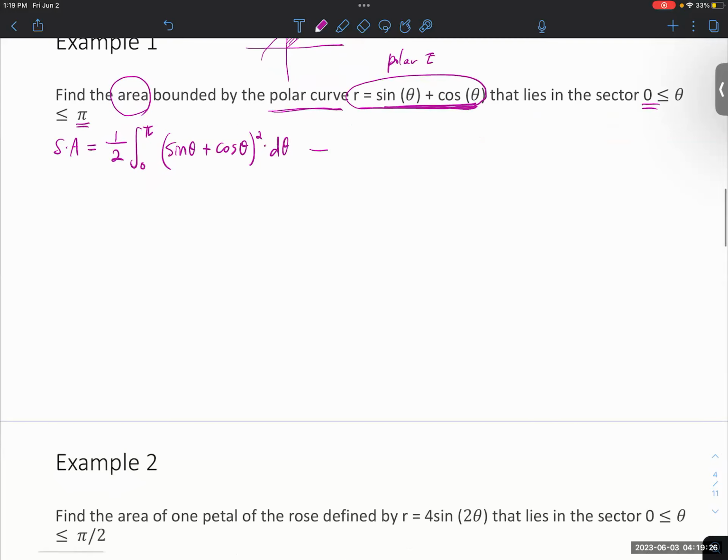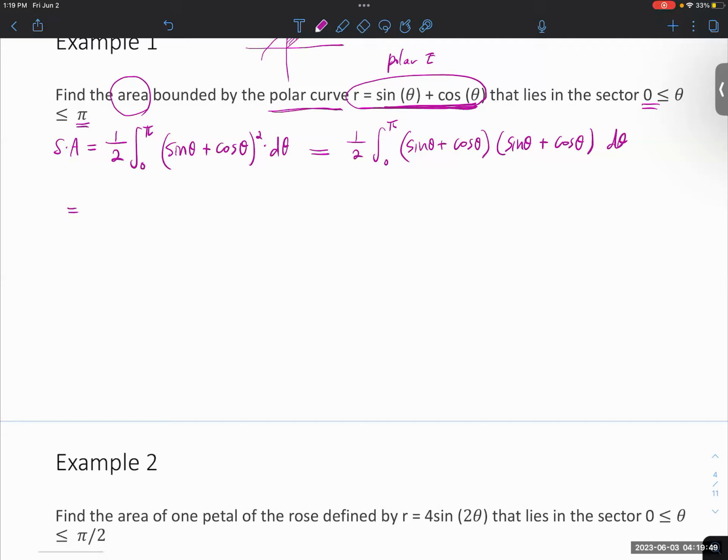Let's expand sine theta plus cosine theta. So 1/2, 0 to pi, sine theta plus cosine theta, sine theta plus cosine theta. I'm going to expand by using FOIL.